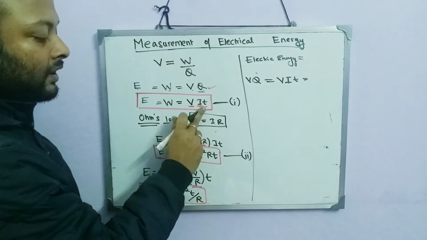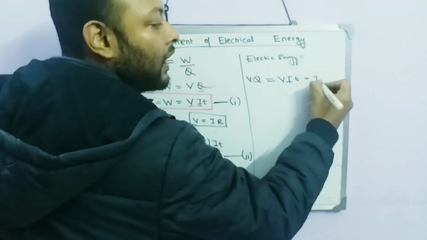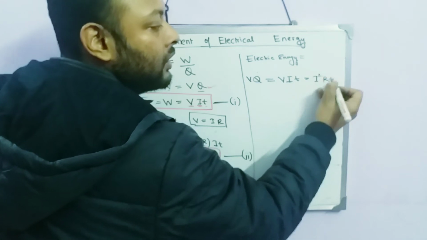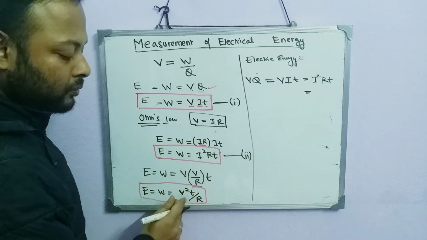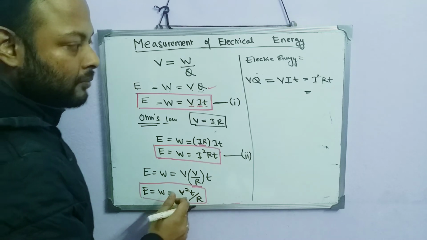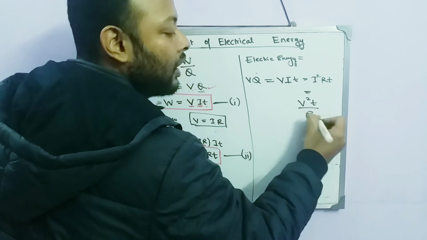This VIT also becomes I square RT. And I square RT also becomes V square T by R.